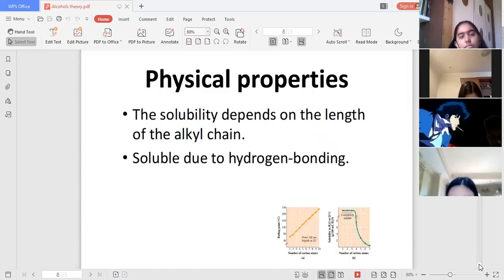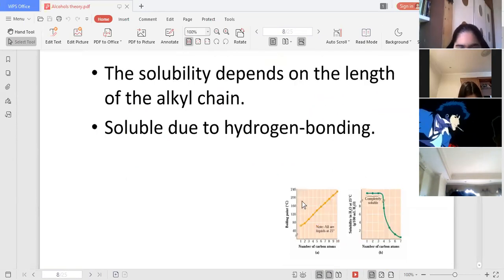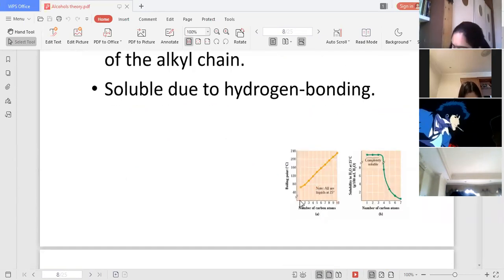Next, the physical properties. The solubilities also depend on the length of the carbon chain. Soluble due to hydrogen bonding. So here, as the number of carbon atoms increases, 1, 2, 3, up to 9 and 10, the boiling point increases.